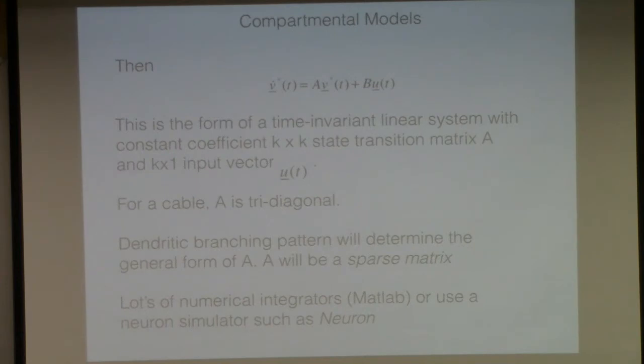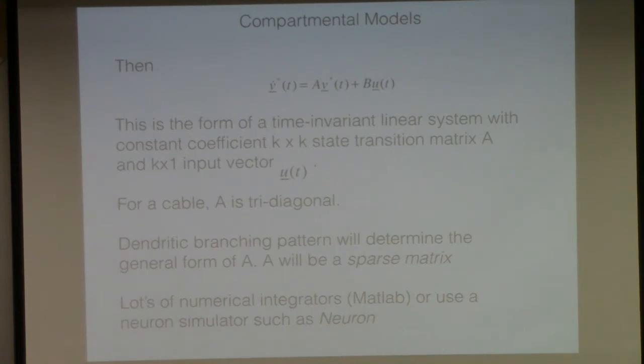And for a cable, the matrix A has a particular structure. For an unbranched cable, there will only be elements of A along the diagonal and just off the diagonal. That's because you pick a node in that cable, and it's got a left-hand and a right-hand neighbor.